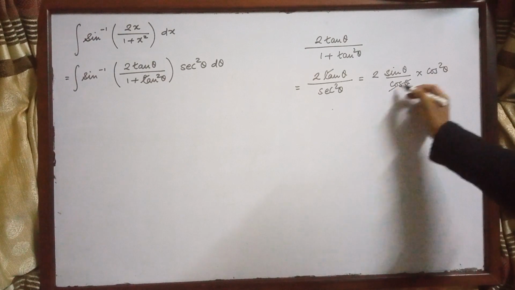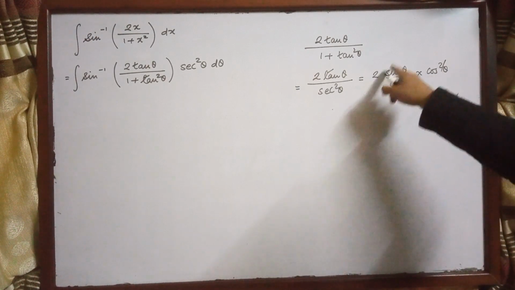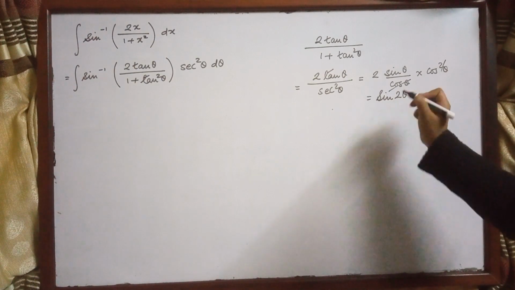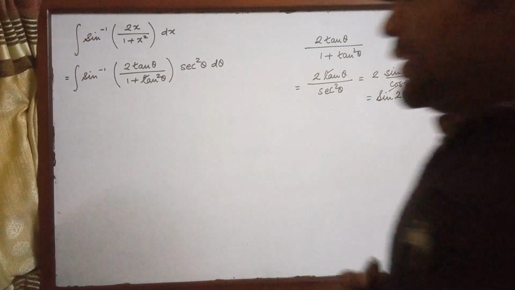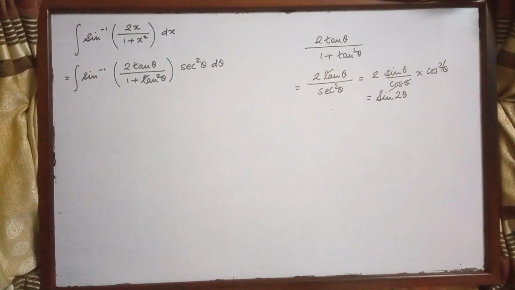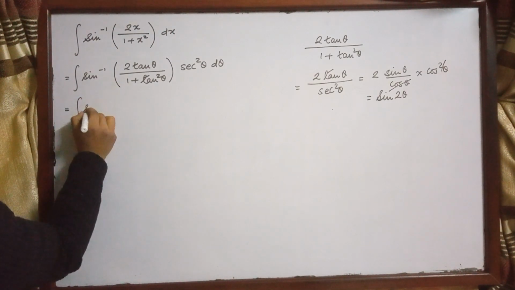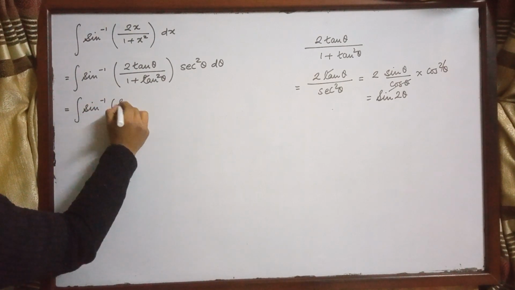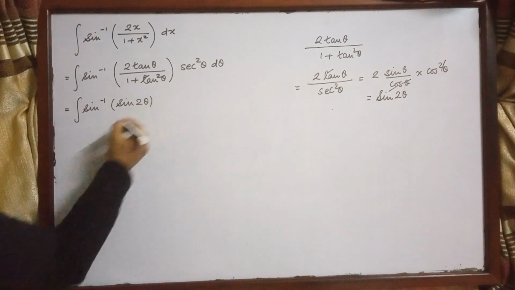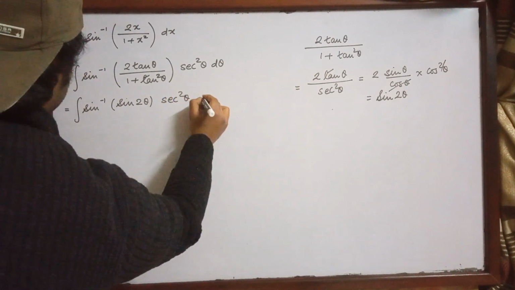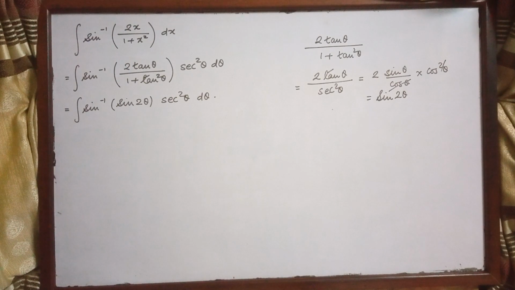These get cancelled out, leaving sine theta cos theta times two, which means sine of twice theta. So all I can do is write it as sine inverse of sine of twice theta, and sec squared theta as it is, d theta. No problem till now. So far, so good.